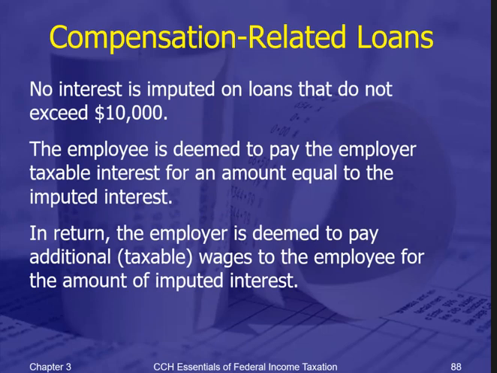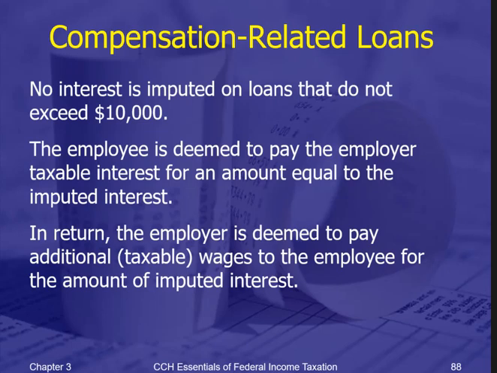Now, if your employee borrows money, again, we won't worry about anything under $10,000, and they don't pay interest. Then we figure out what the interest would be. We count it as income to the employer, who is then treated as paying it back to the employee in the way of wages. So what it actually ends up being is a wash for the employer, because they have income and expense for the same amount, and it's income to the employee.